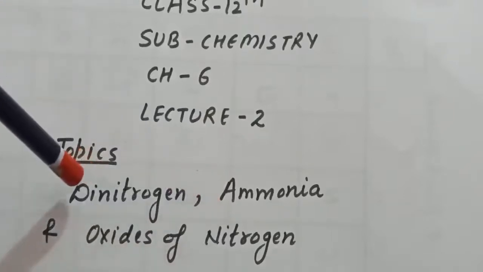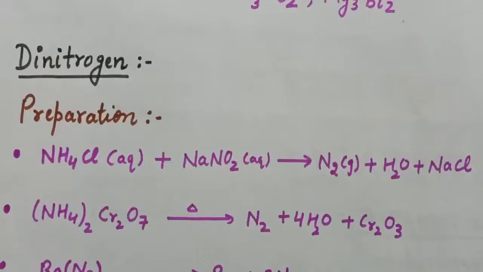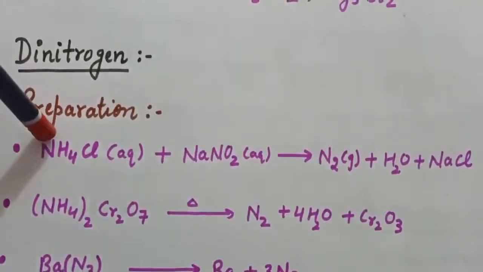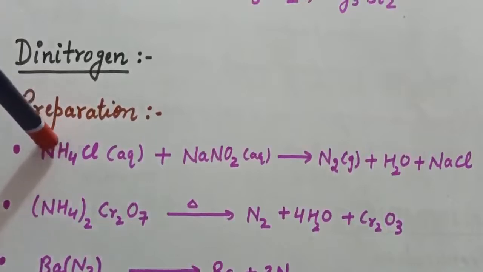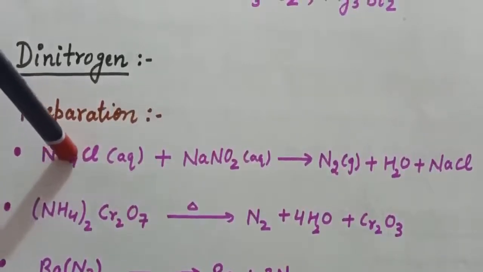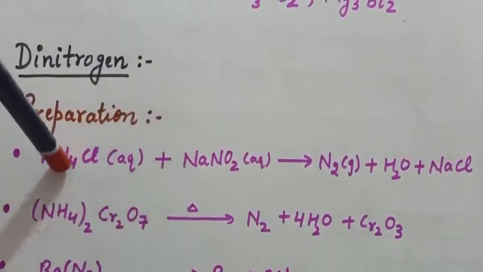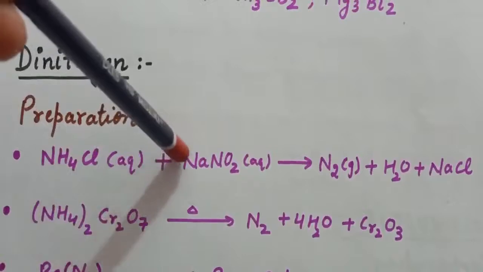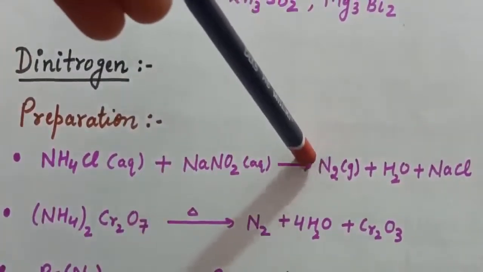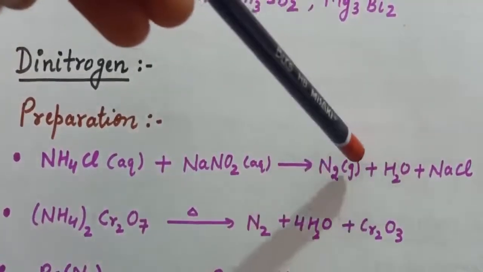So first start with preparation of dinitrogen. The first preparation of dinitrogen is, it is prepared by treating aqueous solution of ammonium chloride with sodium nitrite. That is, when we react ammonium chloride with sodium nitrite, we get nitrogen, that is dinitrogen, along with water and NaCl.